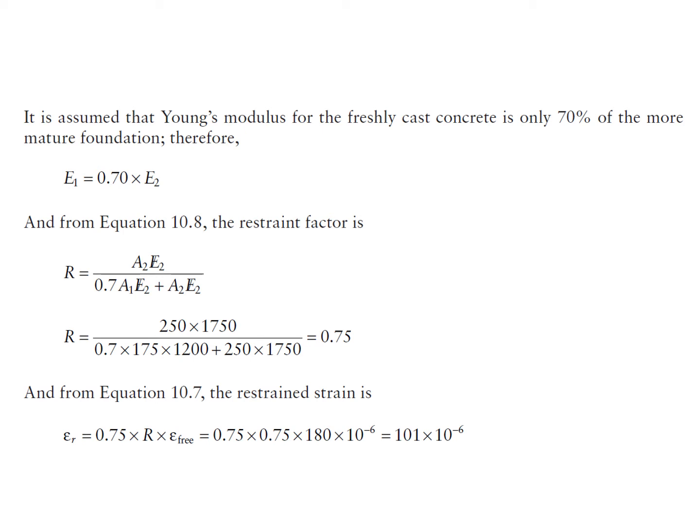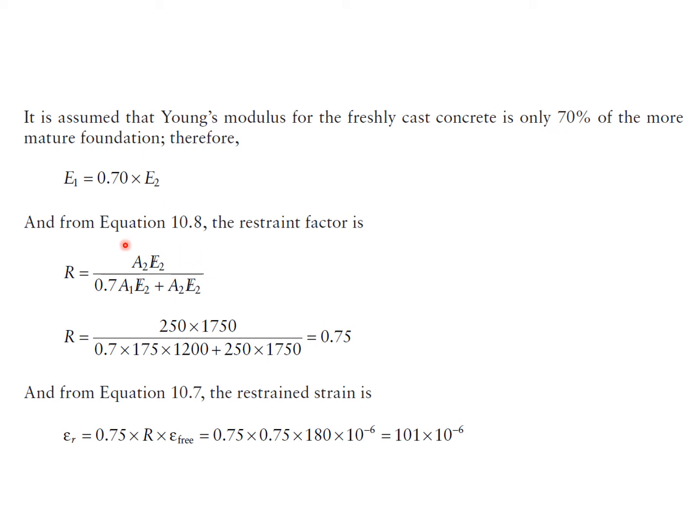Now, the previous lecture explained how to calculate from first principles the restraint factor, and that is using this equation here. Now, it's fair to assume that the Young's modulus for the fresh concrete is less than that of the older slab concrete, and in this case we're going to say it's 70% of the Young's modulus for the slab concrete.